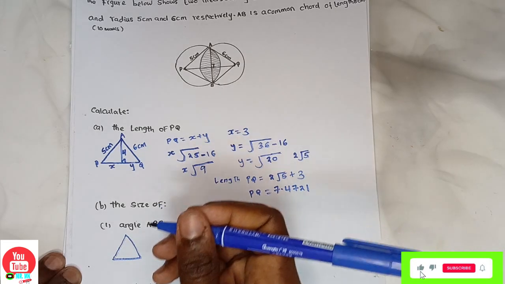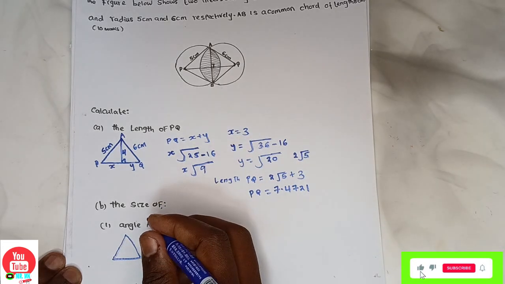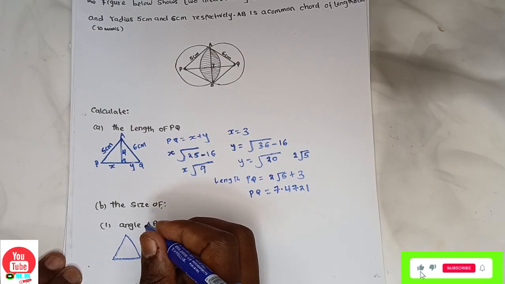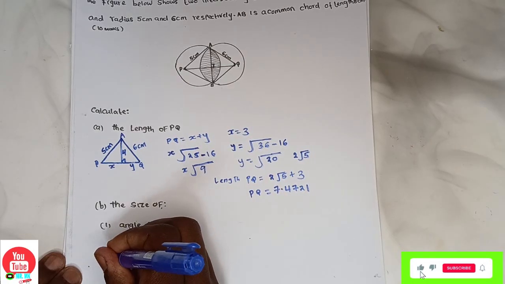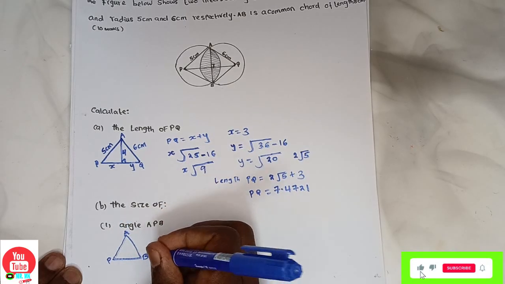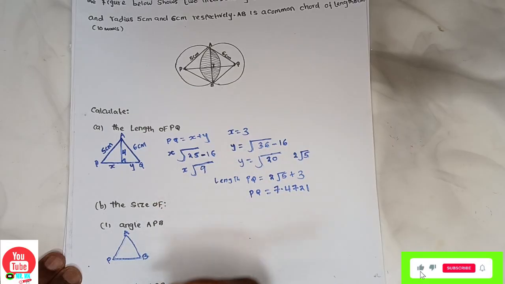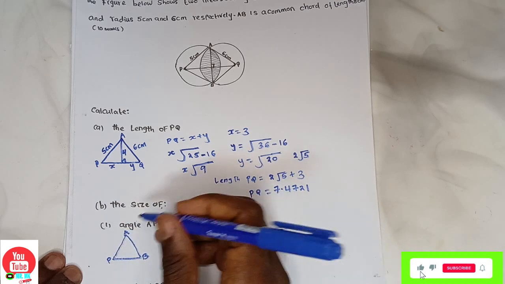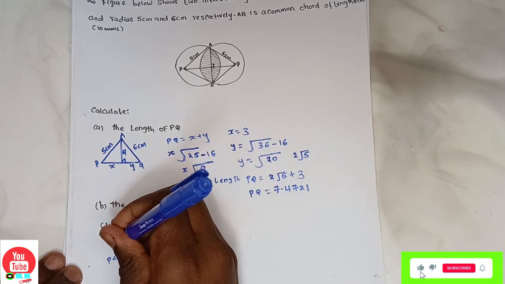The question says calculate the size of angle APB. Let's say here is P, here is A, and here is B. The length of AP, you already have it as 5 centimeter.